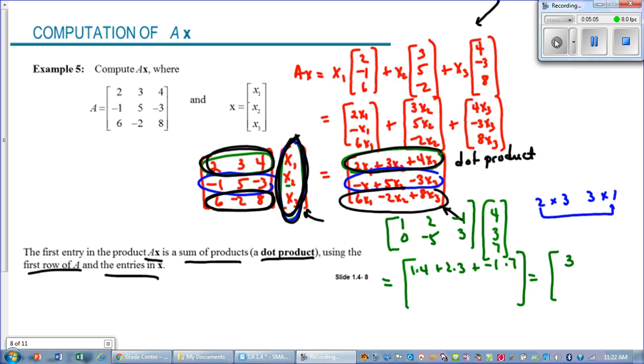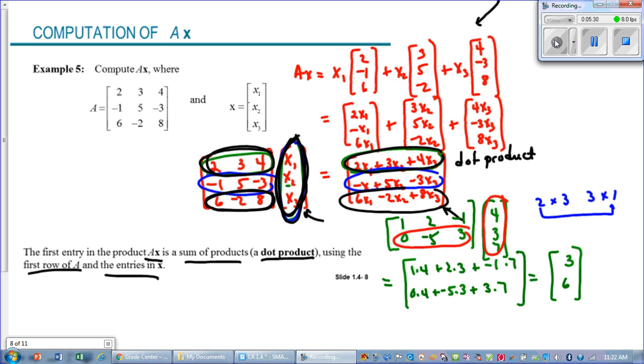The second row will be the dot product of row 2 with the entries of x. So that's 0 times 4 plus negative 5 times 3 plus 3 times 7. So 0, negative 15 plus 21 will be 6. And that's the answer that we got previously when we did it as a linear combination of the columns.